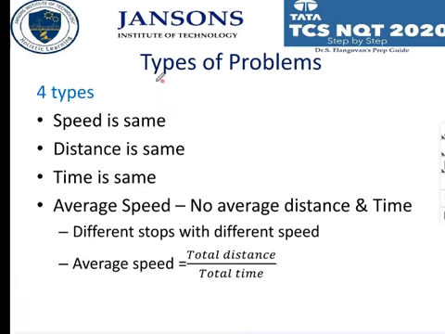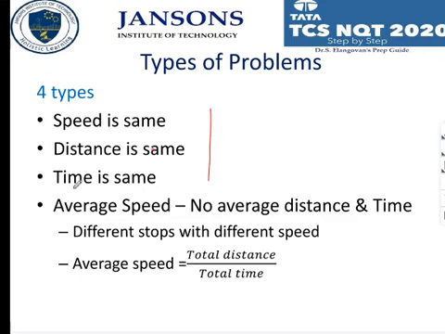What are the types of problems we will get as far as this chapter is concerned? These are the four types of problems. Let us see one by one. The first is where speed is the same, then same distance, and same time. These are the three parameters where we can categorize the problems.